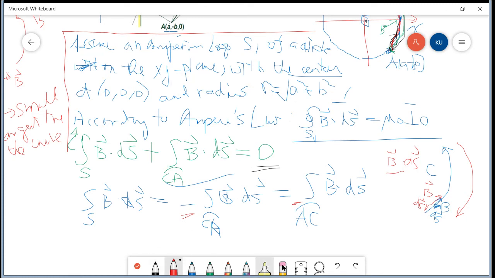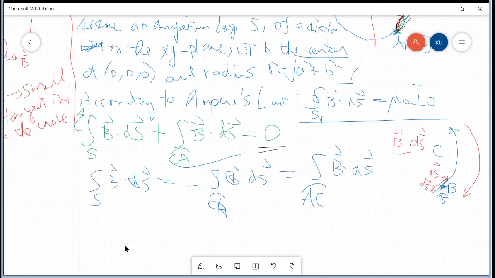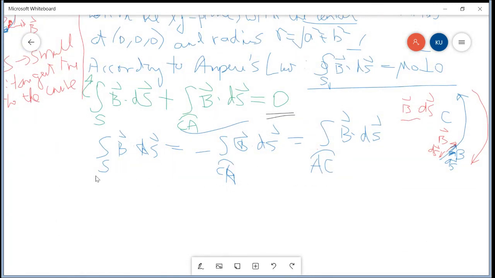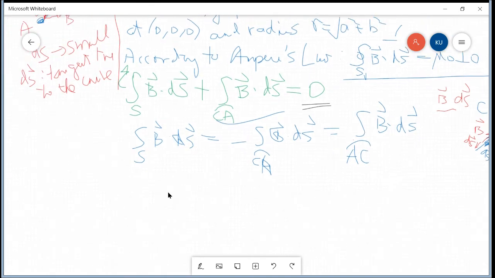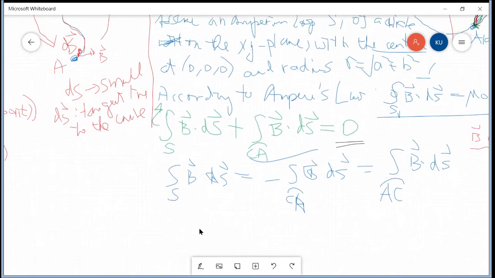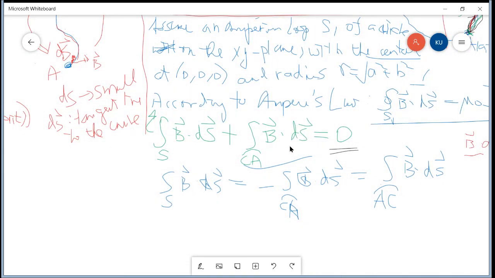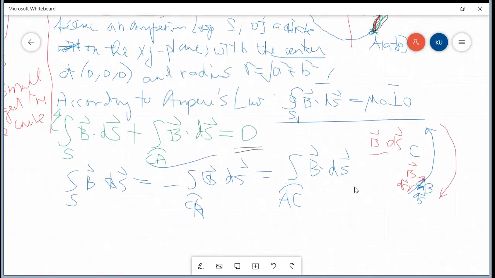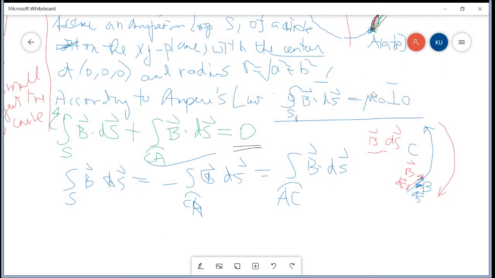Okay, should be something like this. And so we just stop here, and then we just go back to this line integral.